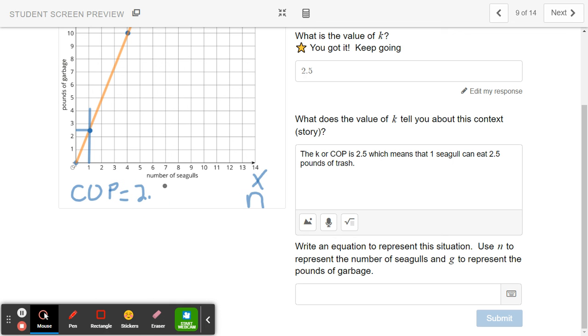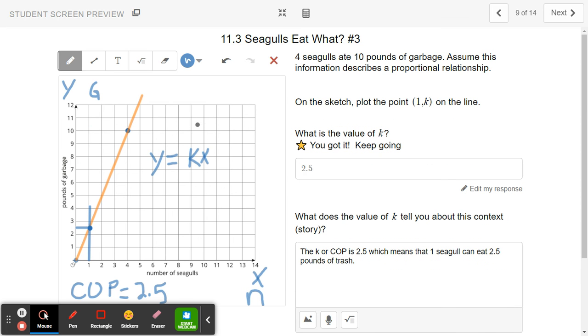I also know it's proportional, right? So I know that the y, remember I use y equals k times x, no matter what, in these situations, if you take x and you multiply it by the COP, you get y, right? So I'm going to do that, except for now, they didn't use x and y. So I'm going to kind of put in place what they did use.